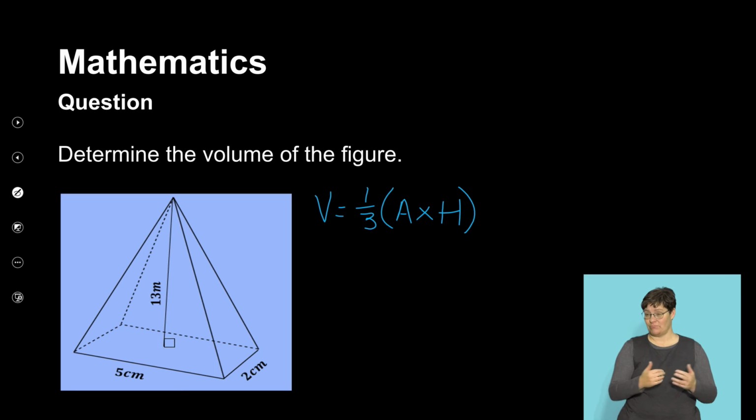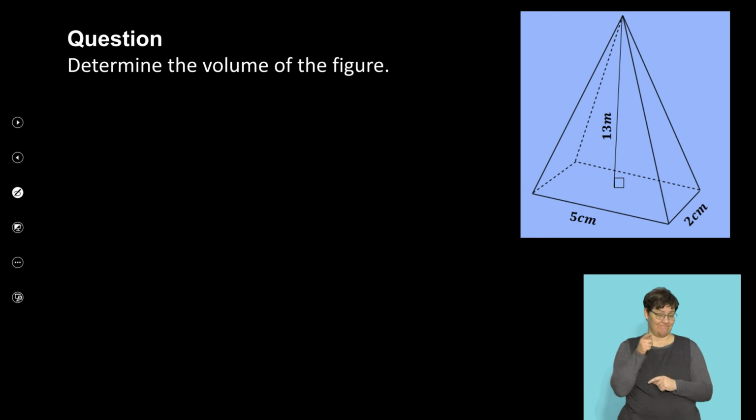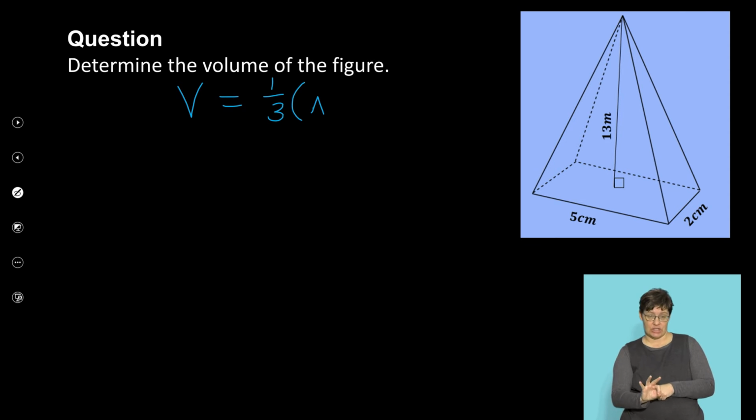So let us get going with this calculation. So let us just write the definition for the volume of a rectangular pyramid again. The volume is equal to 1/3 times the area of the base multiplied by the perpendicular height.